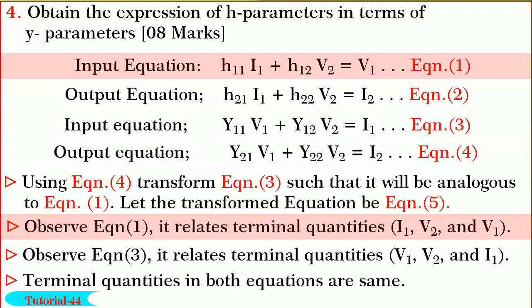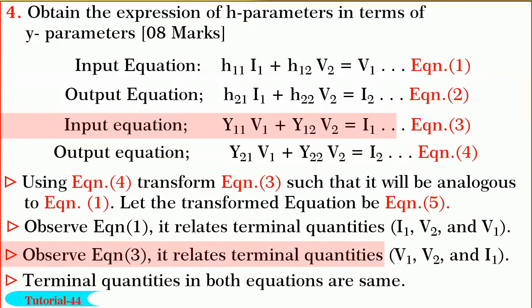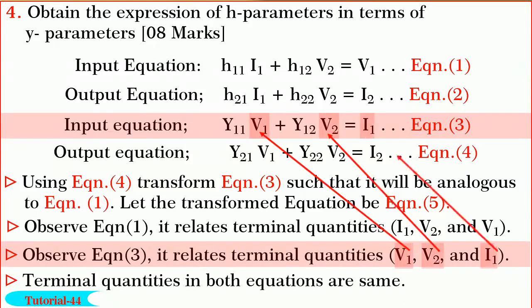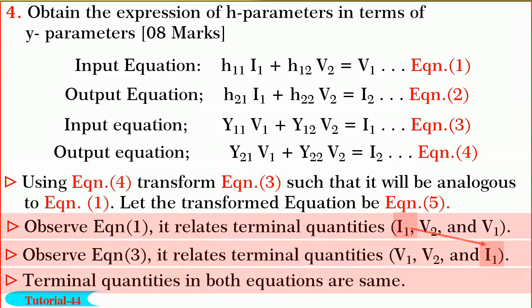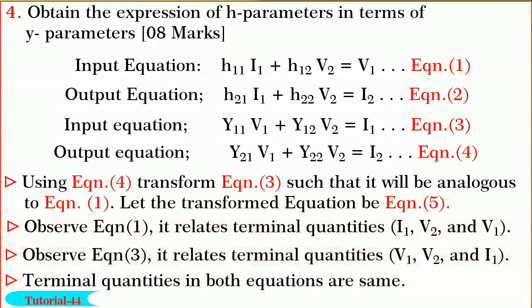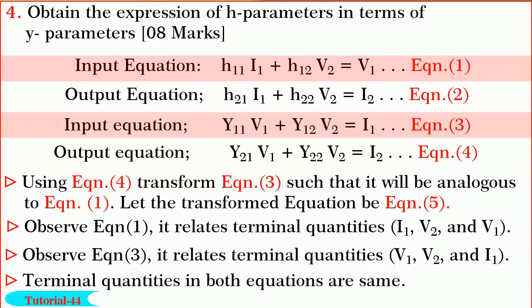It relates the terminal quantities I1, V2 and V1. Similarly, observe equation 3. It relates V1, V2 and I1. You see that both equations relate the same terminal quantities. So, we have to just rearrange equation 3 such that it is exactly analogous to equation 1.